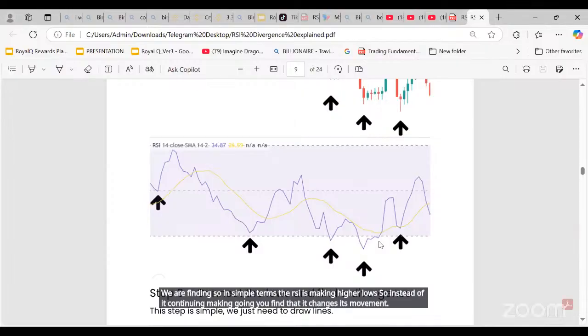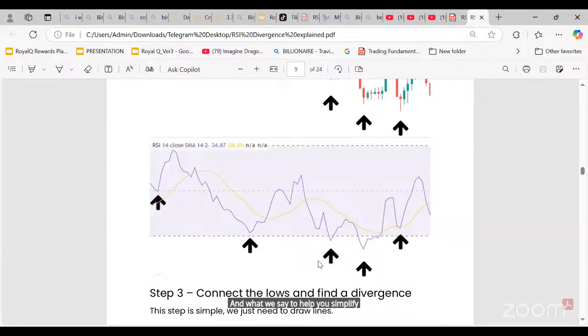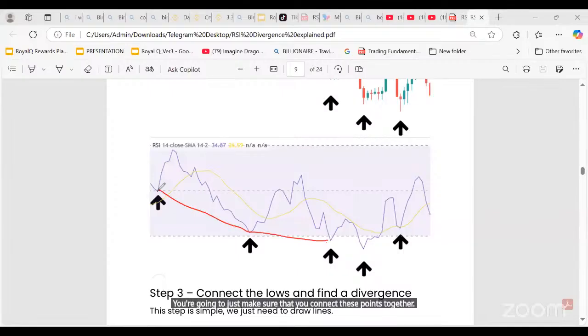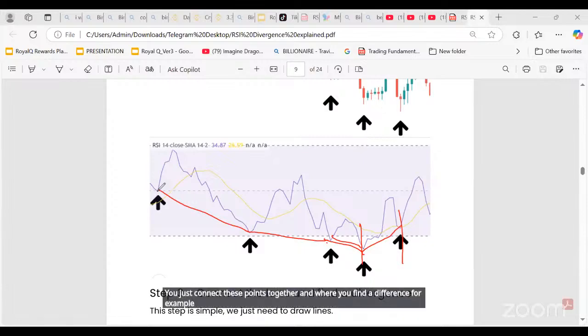And to help you simplify your trading experience, you're going to just make sure that you connect these points together. Where you find a difference, for example, here you connected this point to this point moving down, but when you came to the RSI, you connected the same points in an upward movement.